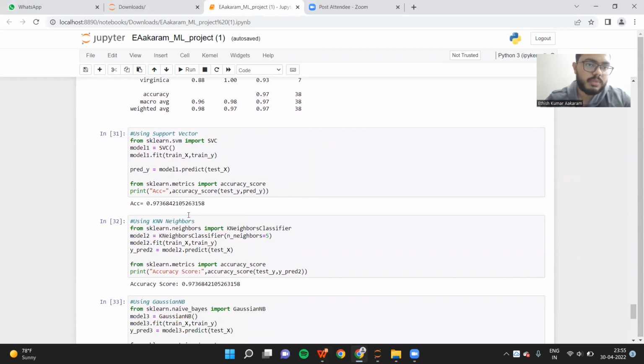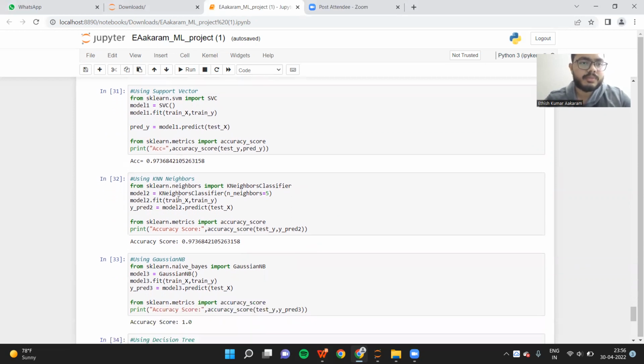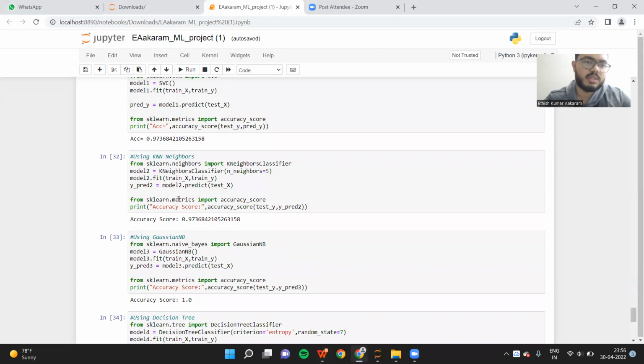And the SVM, the support vector machine, this is the algorithm I like more because with the support vector you can differentiate the values in a three-dimensional space, and the accuracy that I'm getting with the support vector machine is pretty good, 0.97. Because it's a data set that's been well known for years, we can get a good amount of accuracy on that as well. And with the k nearest neighbor, it's the same thing.